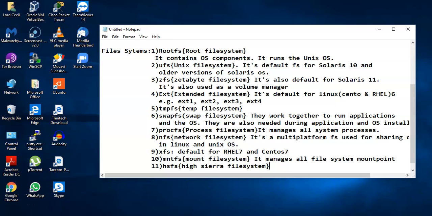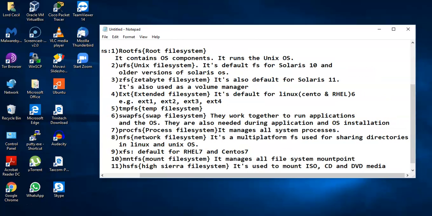It's used to mount ISO images, CDs and DVDs, media. So when you mount a CD image into a Linux file and it runs, it's because the ISO file system is installed in the server.